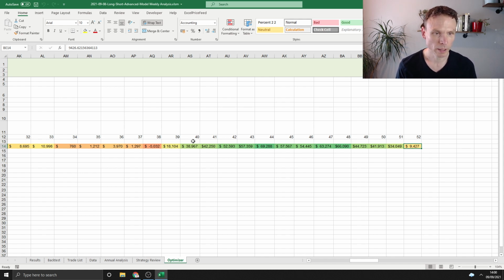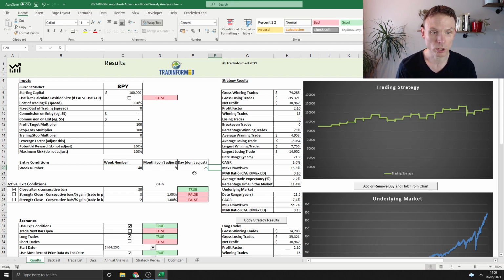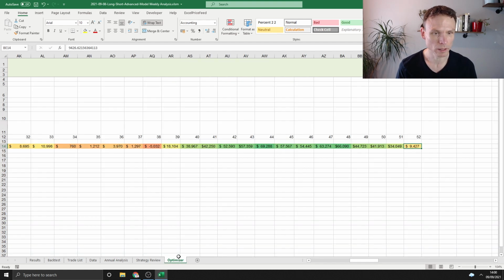Coming in here and starting at about week 40. If I go back here, you can see week 40 corresponds towards the end, maybe week 4 of September. Go back to the optimizer. See week 40, week 41, it's looking darker green all the way, really up until quite advanced into December.